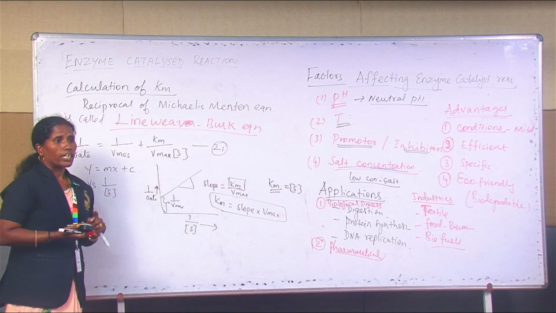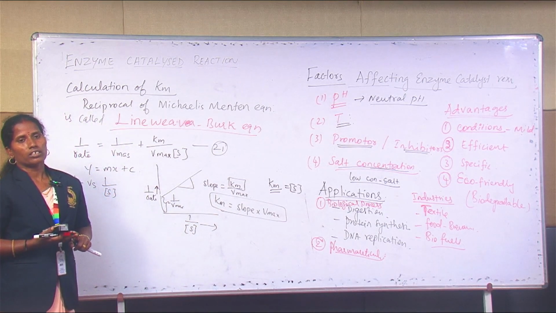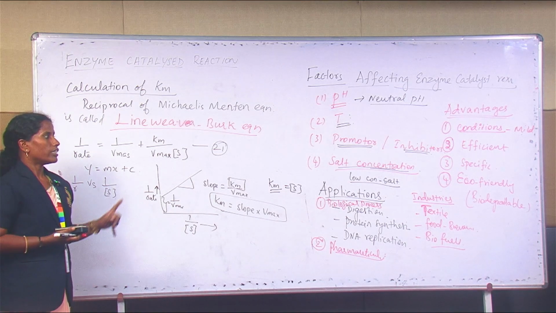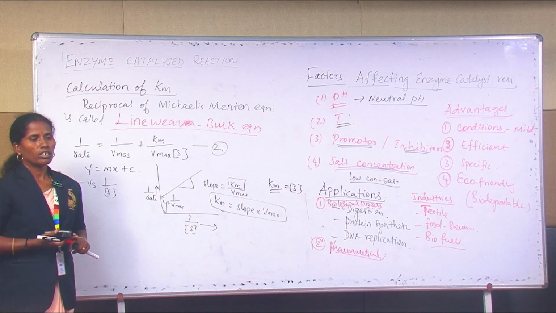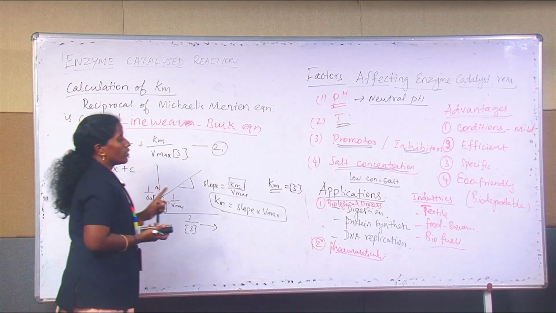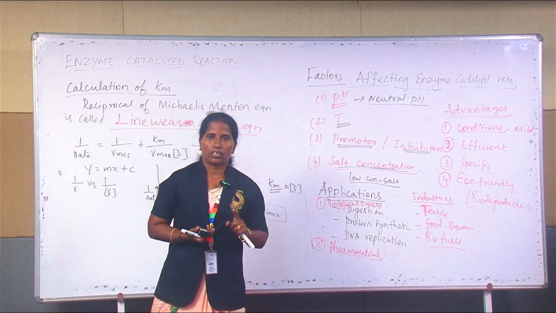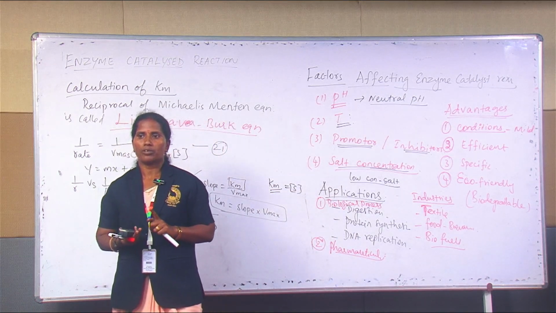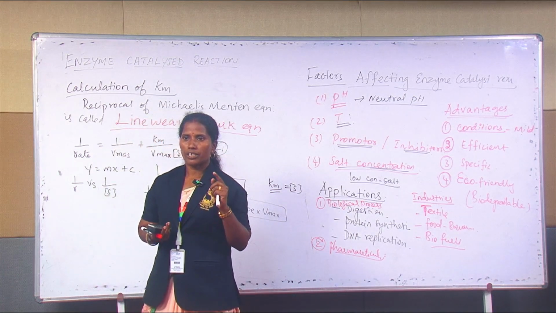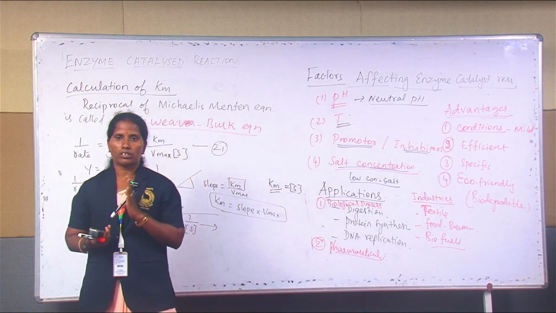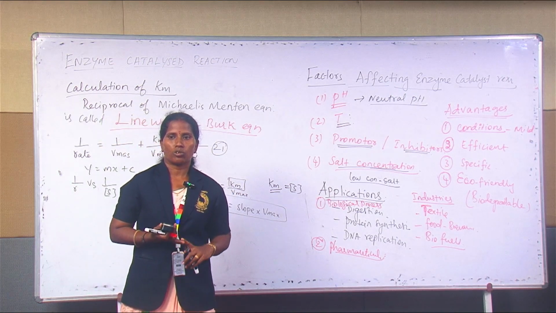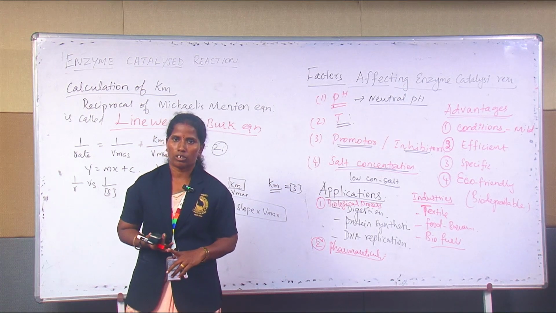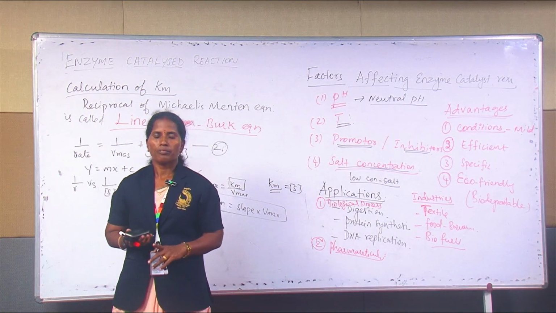The detailed kinetics and mechanism were derived, as proposed by Michaelis and Menten. From that, the Km value can be calculated. From the graph of rate versus substrate, we get a straight line, and from the intercept and slope value, Km can be calculated. I hope you understand.